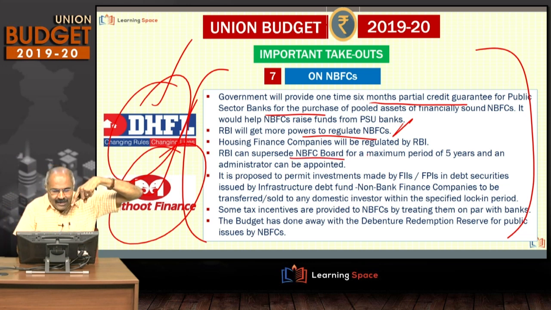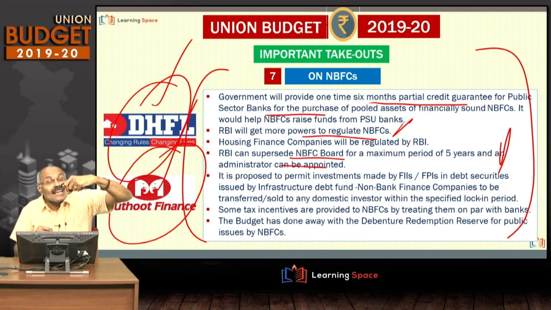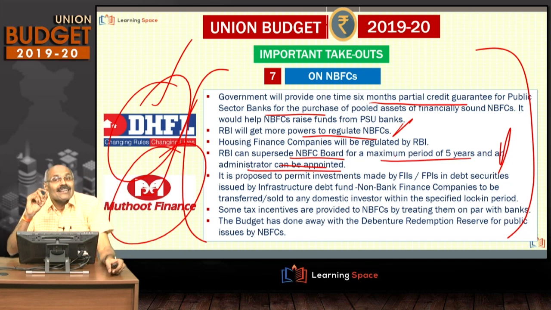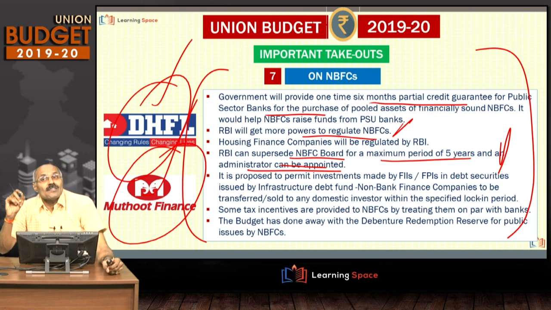Then RBI can supersede NBFC board. Very important. RBI can supersede NBFC board for a maximum period of 5 years, and an administrator can be appointed. That means if RBI feels NBFC board, any NBFC board is not functioning well, then RBI can supersede NBFC board for a maximum period of 5 years.